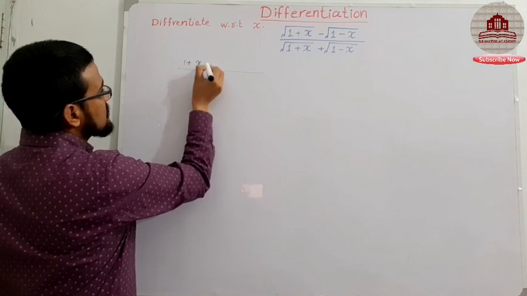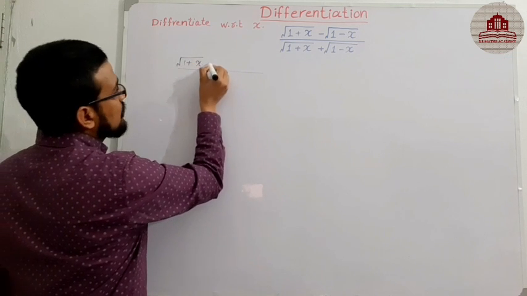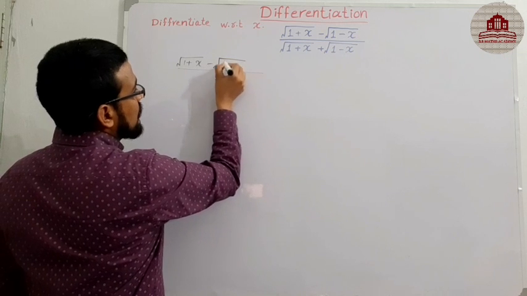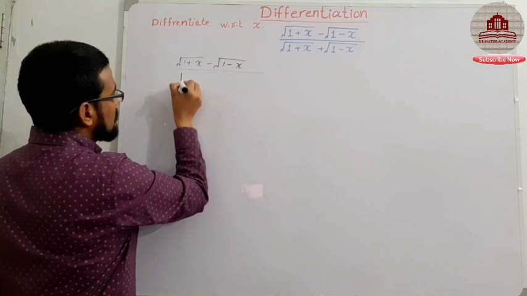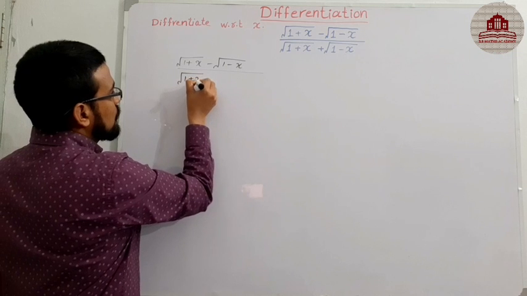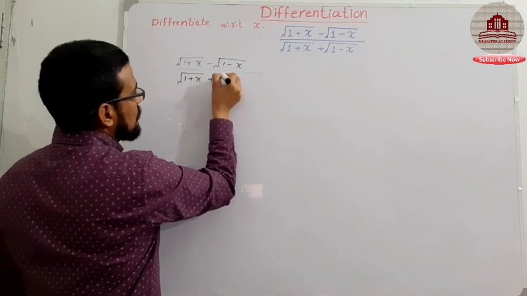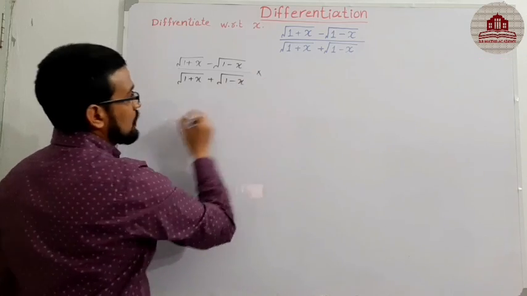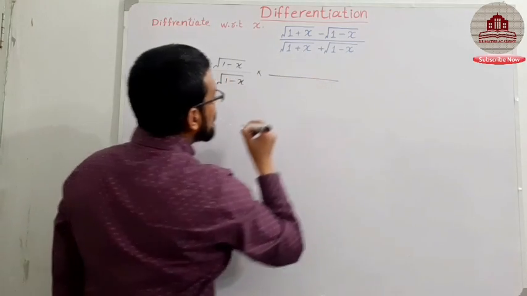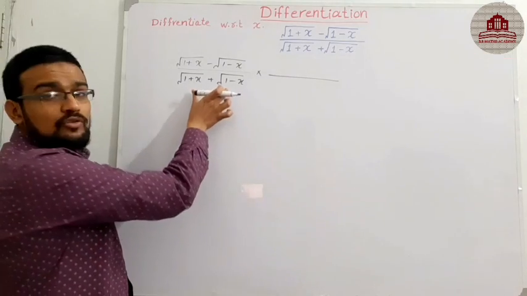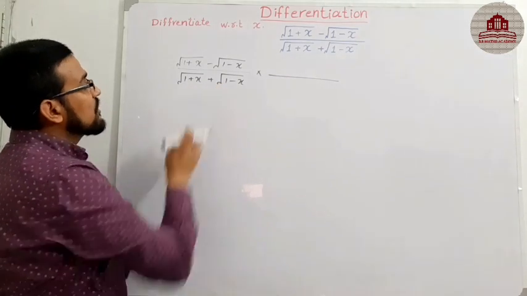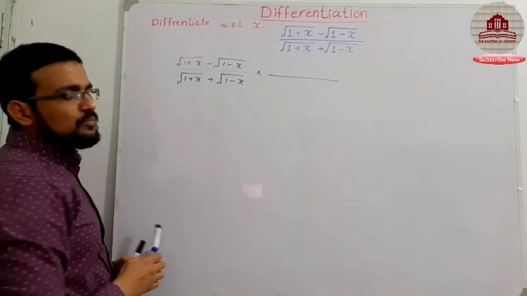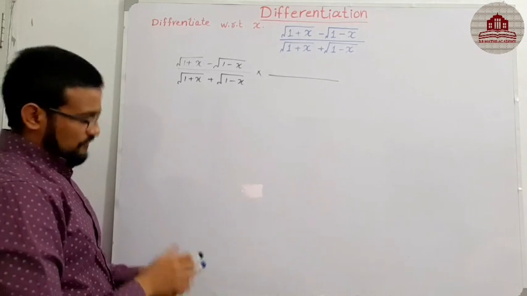1 plus x, 1 minus x. Multiply and divide by the conjugate of the denominator, and the denominator is square root of 1 plus x plus square root of 1 minus x.